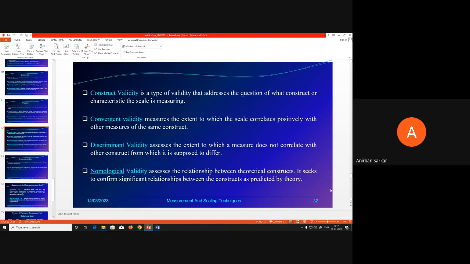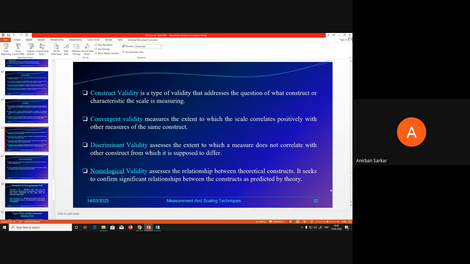Now, what is nomological validity? It assesses the relationship between theoretical constructs. It seeks to confirm significant relationships between the constructs as predicted by the theory. So we were talking about self-concept. Suppose brands that are congruent with the individual self-concept are more preferred.